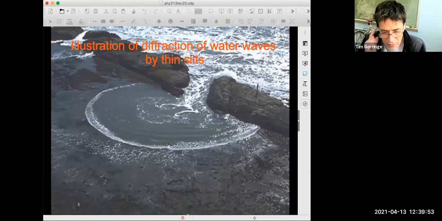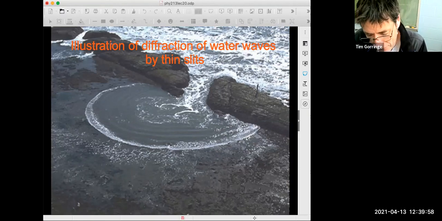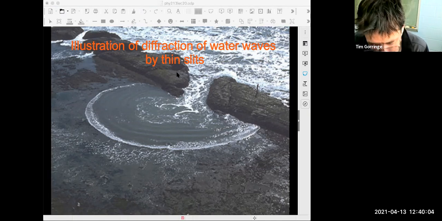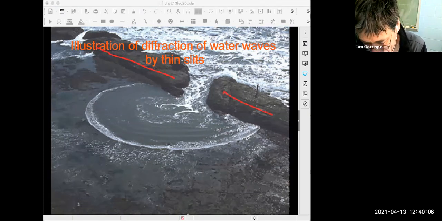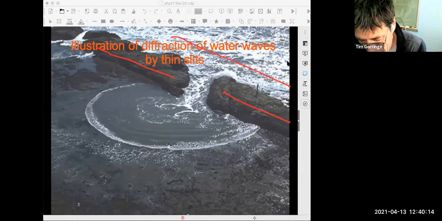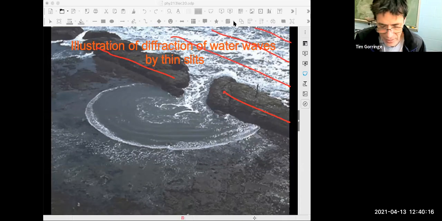Here's a second one. Again, this is water waves. A train or a stream of water waves are approaching this barrier. There's a barrier here, you can see it, and the water waves are approaching this barrier from the top right. Maybe there's a wavefront here, a wavefront here, a wavefront here.